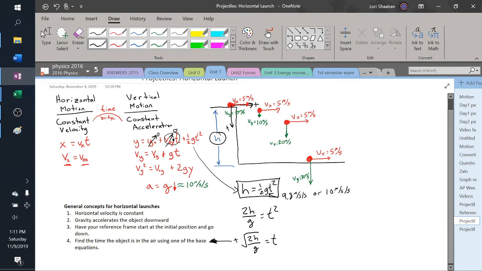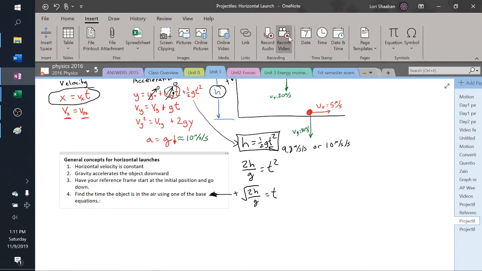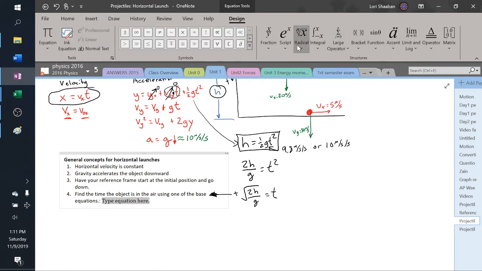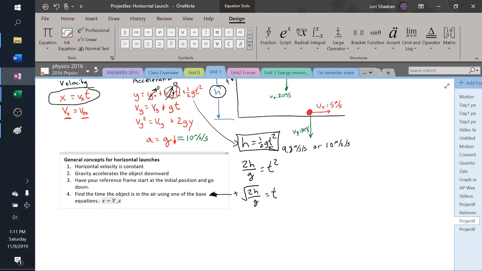Now, can we use how long the object is in the air to find out how far it goes? You bet. That's our other equation. So you notice how we just have 2 equations. I'll rewrite these 2 equations, these base equations. I can write them out nicely. x equals the initial velocity times time.